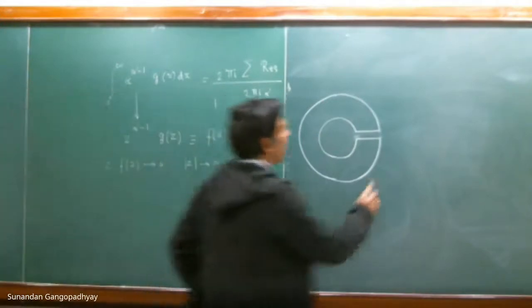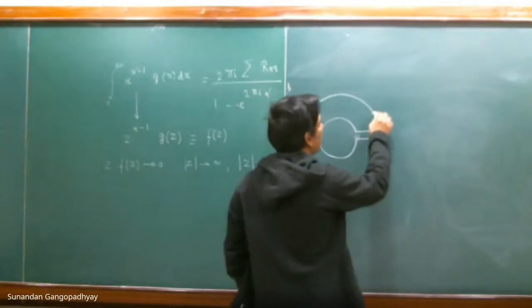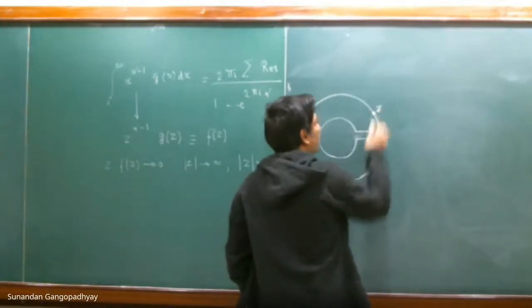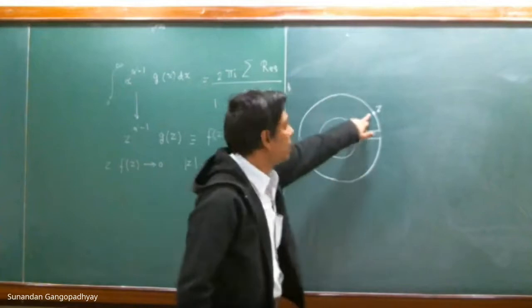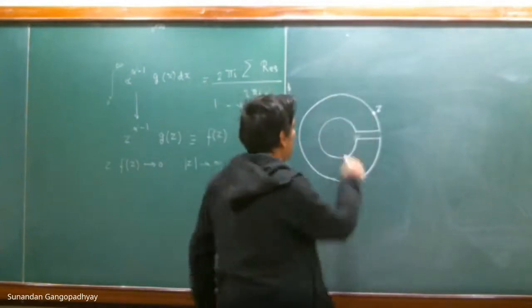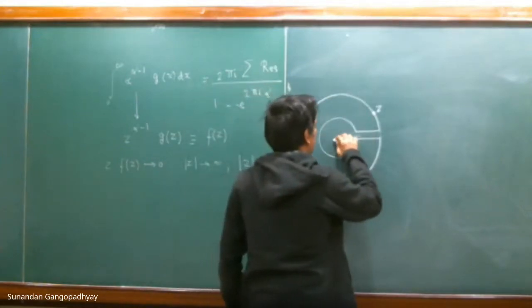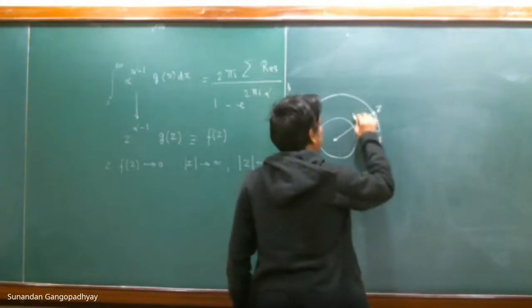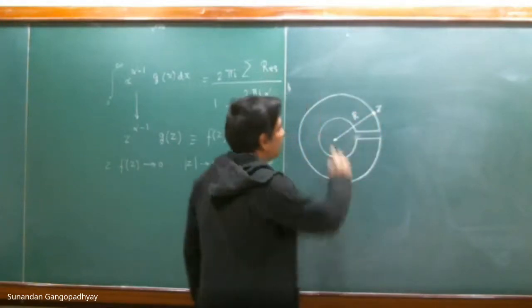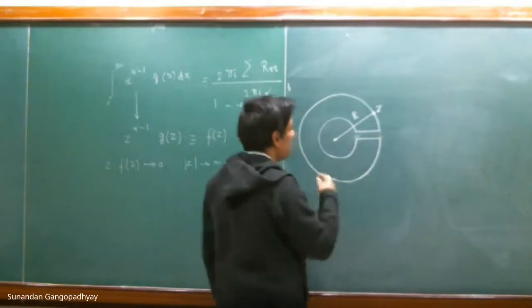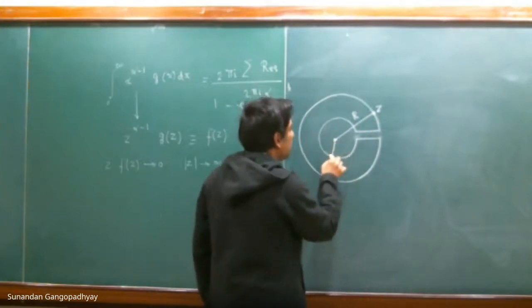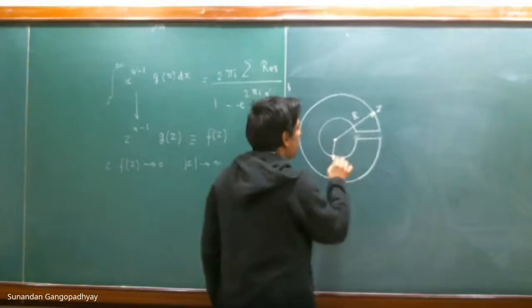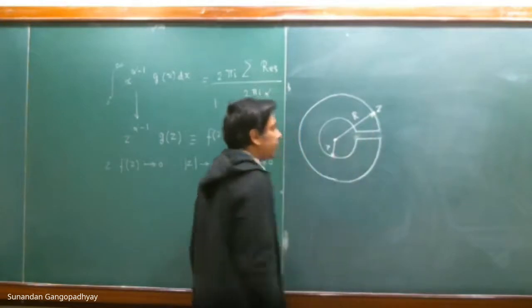Suppose you take a point z on this outer contour. Let z be a point on this contour. From the center, this radius is capital R, the radius of the outer contour, which is a circle, and this is small r.